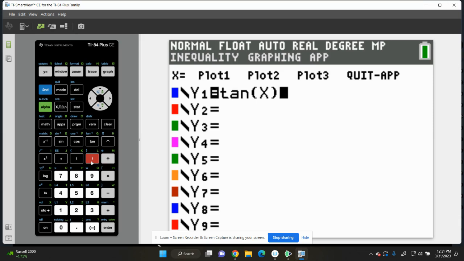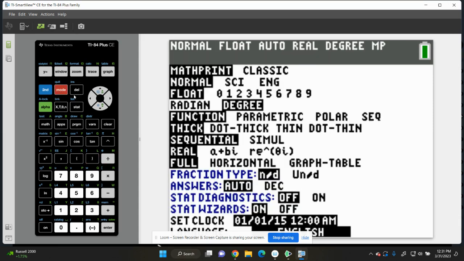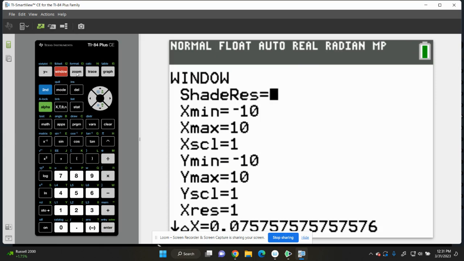What mode do we have to be in? Radians. Yes, we need to be in radian mode. All right, now we're going to adjust our window. You may not have that first option that says shade res on there. So our x min and our x max.